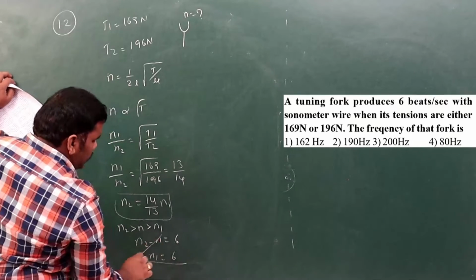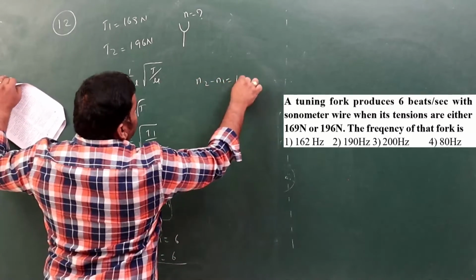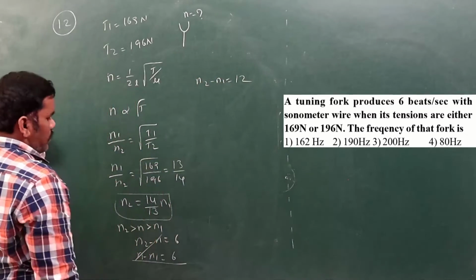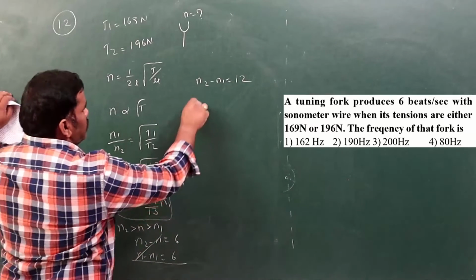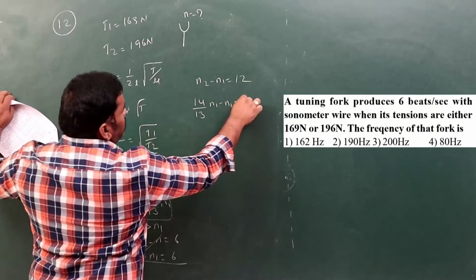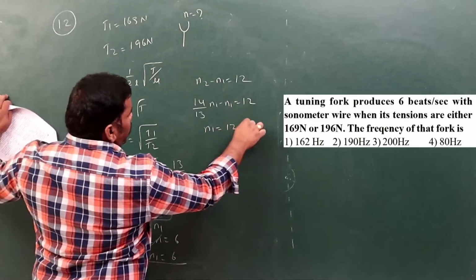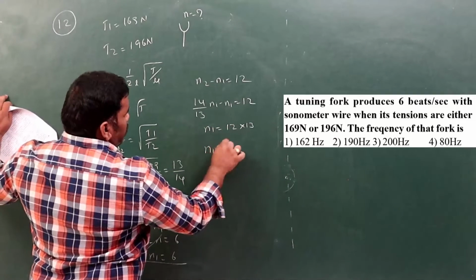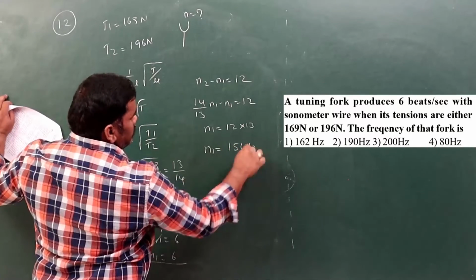So n2 is equal to 14 by 13 n1, minus n1 is equal to 12. So n1 is equal to 12 into 13, which is 156 Hz.